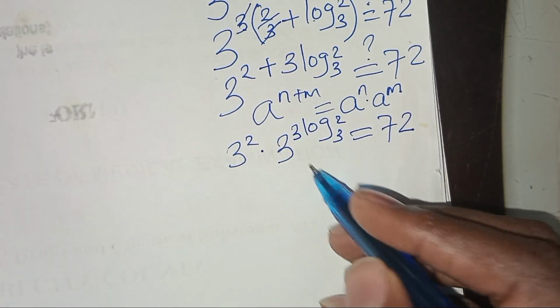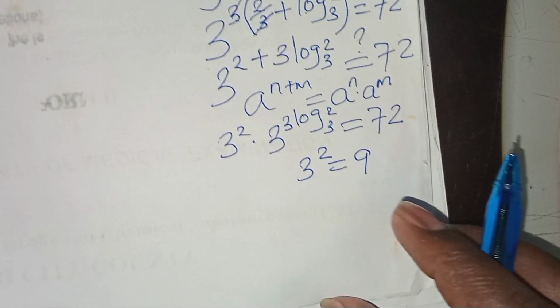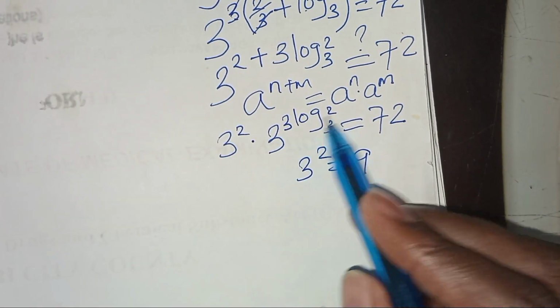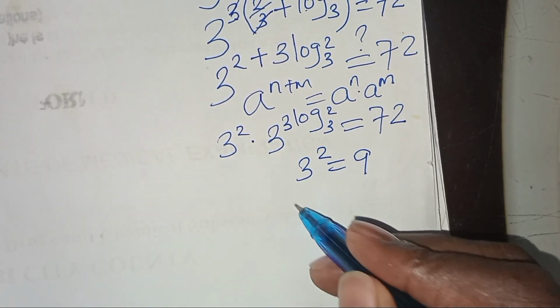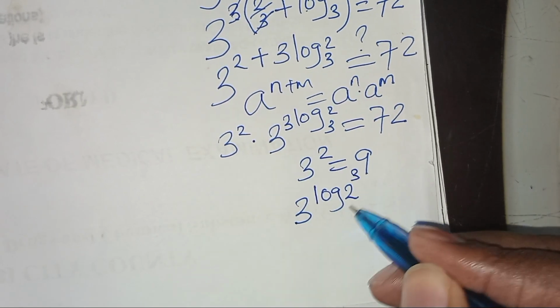Now 3 squared is basically equal to 9. And then we have 3 to power 3 log 2 to base 3. We can express this as 3 to power log 2 to power 3 to base 3.